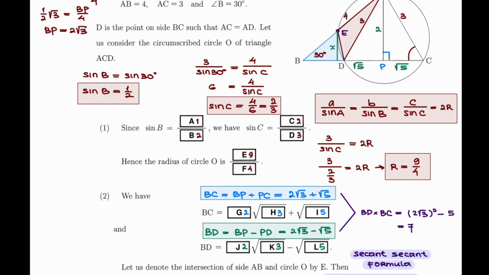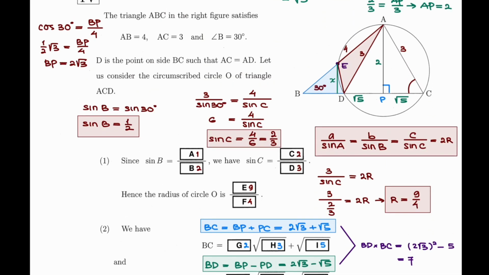And then to find the area of ADE, this red triangle, you can use area of BDA minus area of BDE.